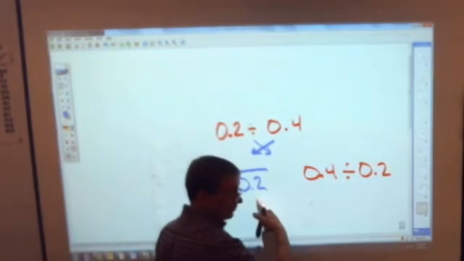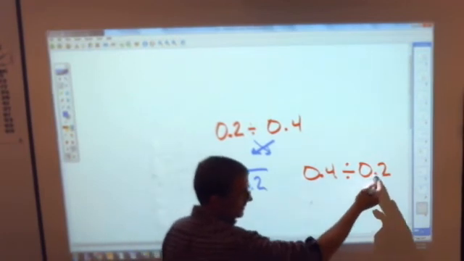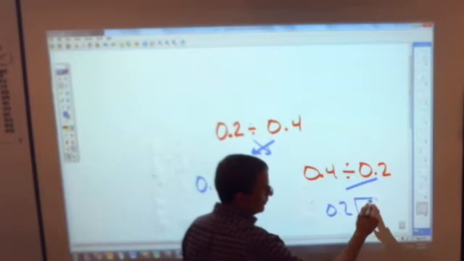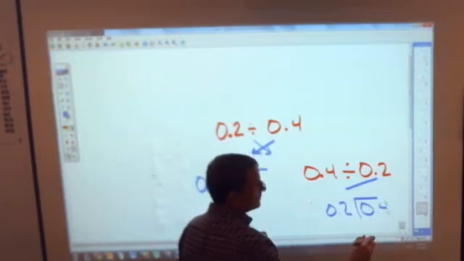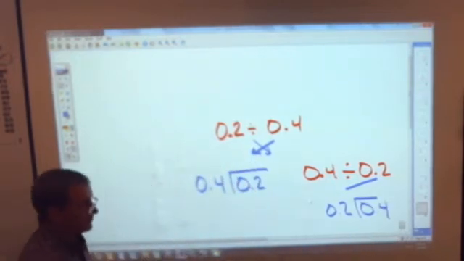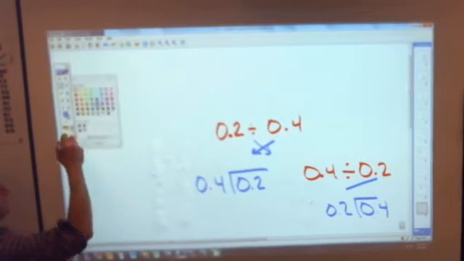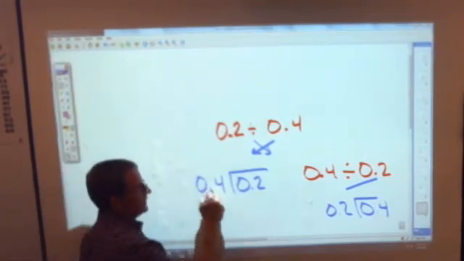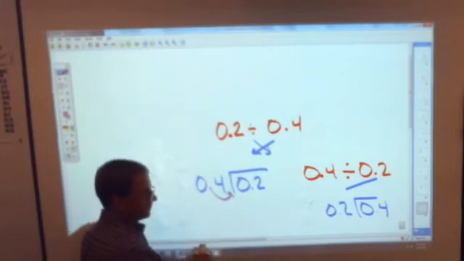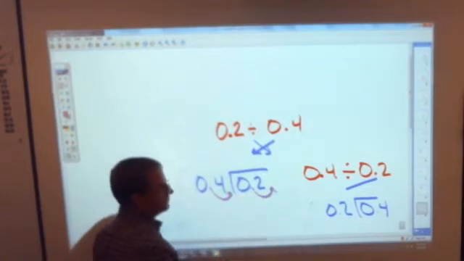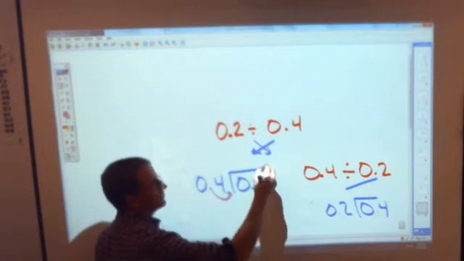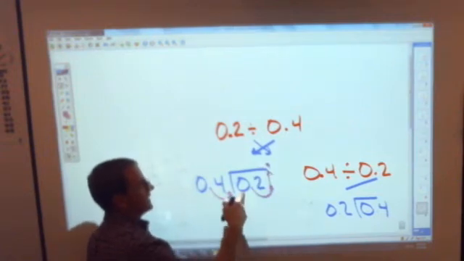Same thing here, because both of these problems can be done. I move the 0.2 outside, and I move the 0.4 inside. They give you different answers, though, much different answers. Let's do them. Over, over means this. I change this into 4. I change this into 2. I put my decimal here. I bring my decimal straight up. 4 does not go into 0.